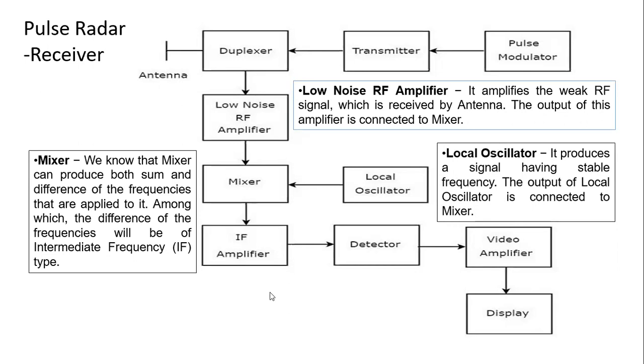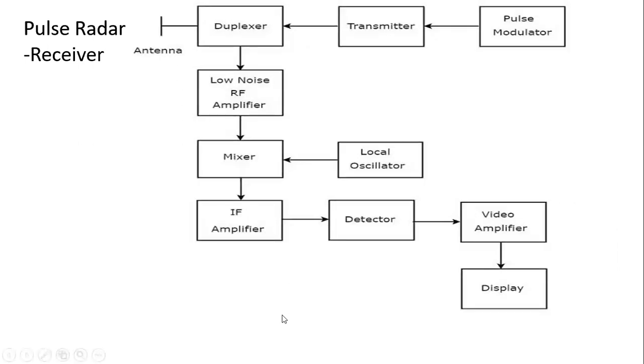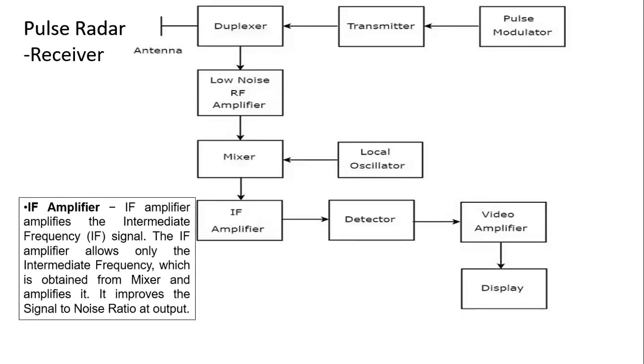Then we have the IF amplifier, which amplifies the intermediate frequency that we have received from the mixer. This amplifier improves the strength of the IF signal so that the signal to noise ratio also improves.